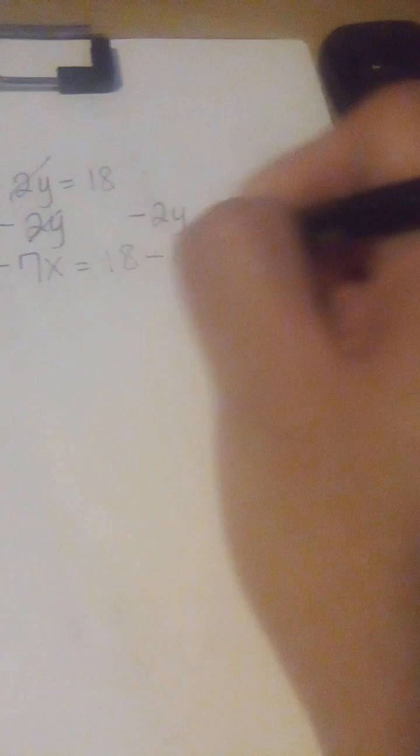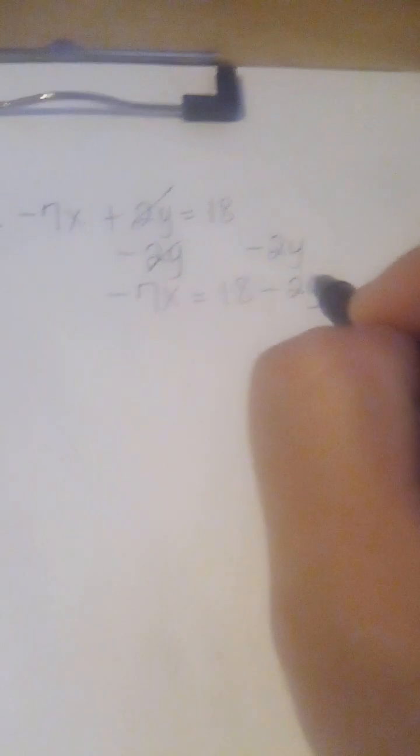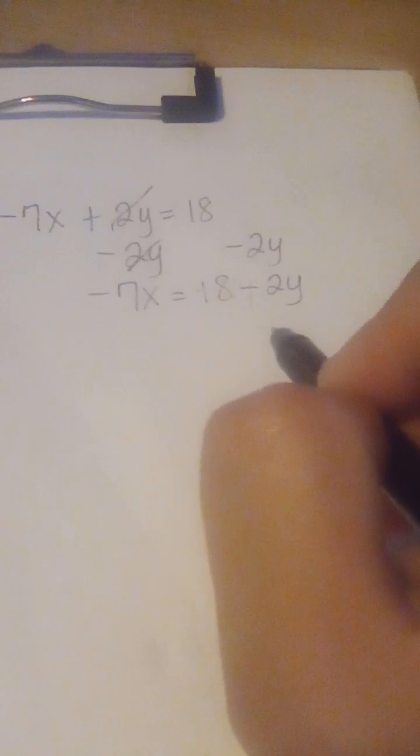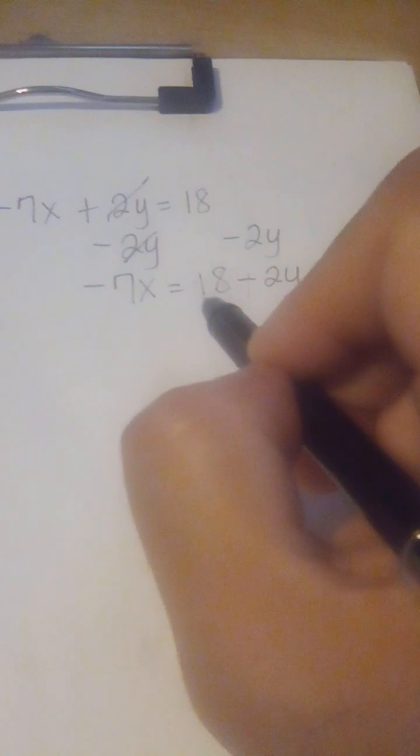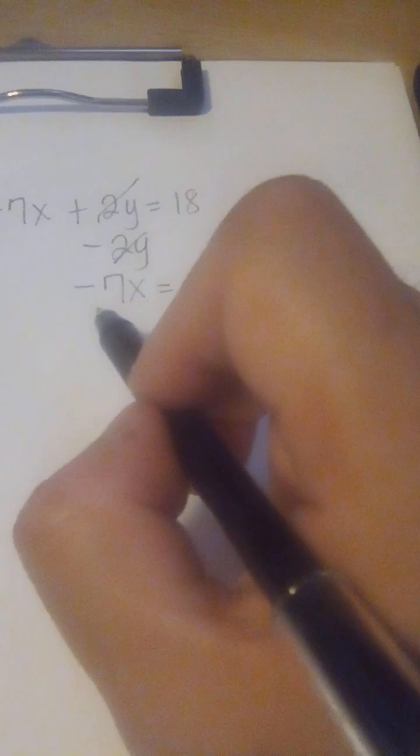Actually, you can bring that to 18 and then minus 2y over, it doesn't matter on this part. So we could do this separately, okay? So that's what we have. Negative 7x equals 18 minus 2y. In order to get x by itself, we have to divide each part by negative 7.